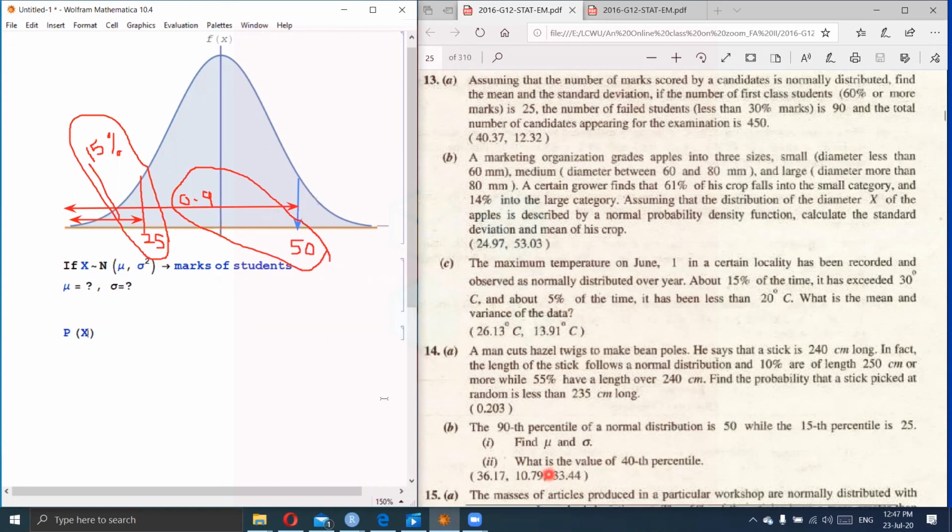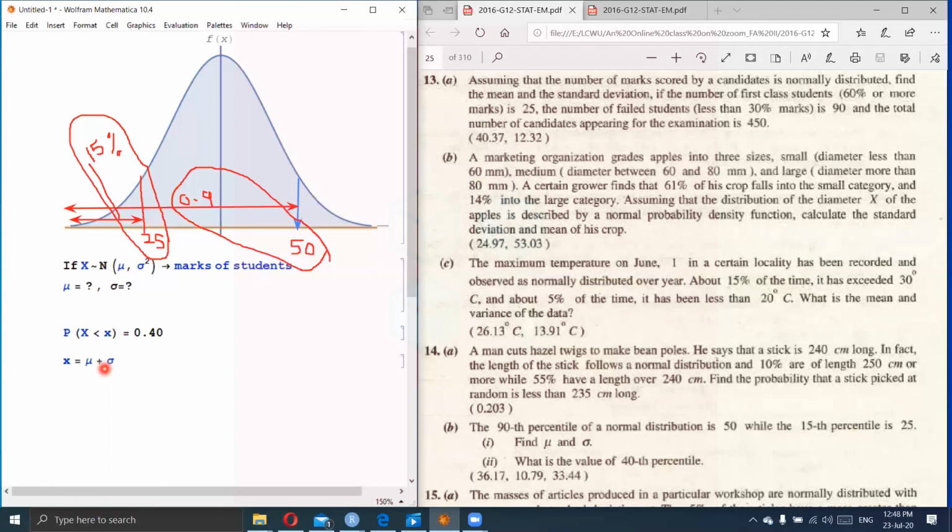And in the next part, what is the value of the 40th percentile? So we will find probability x less than small x. We have to find small x equal to the 40th percentile, meaning it is equal to 0.40. By using this information, we can first find the value of the z-score, and then using destandardizing, x is equal to mu plus sigma z, we can find the value of x.